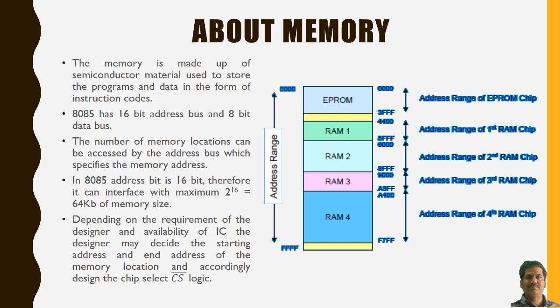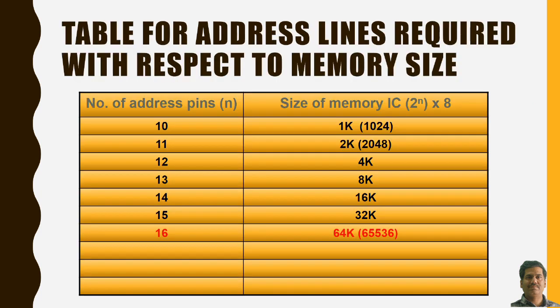So let us see the table for the address lines required with respect to memory size. If the number of address pins is 10, then we can access a memory size of 2 to the power 10, that is nothing but 1K, which is 1024 bytes of memory.